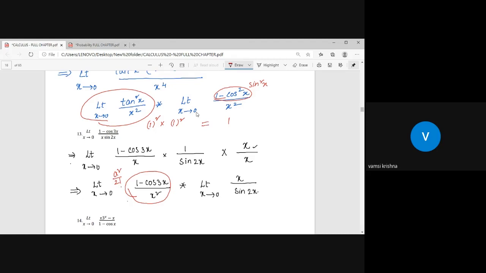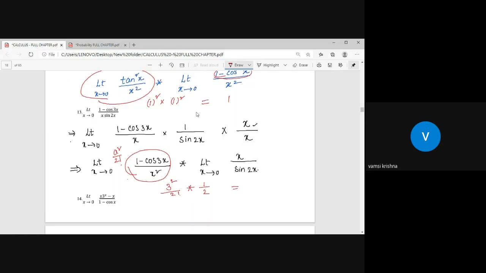So in that manner, it will be 3 square by 2 factorial, into x by sin 2x is 1 by a, 1 by a means 1 by 2. So my final result is 3 square divided by 2 factorial into 2. So that will be 9 by 4. 9 by 4 is the answer.